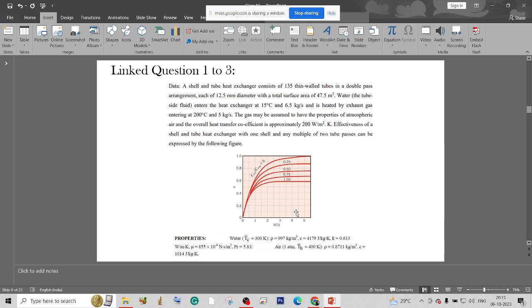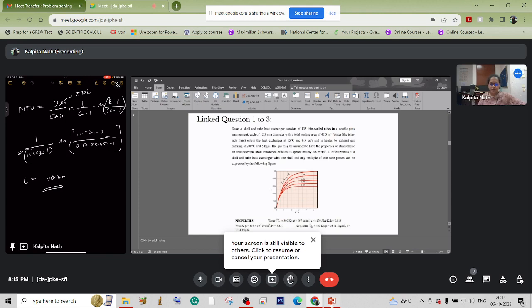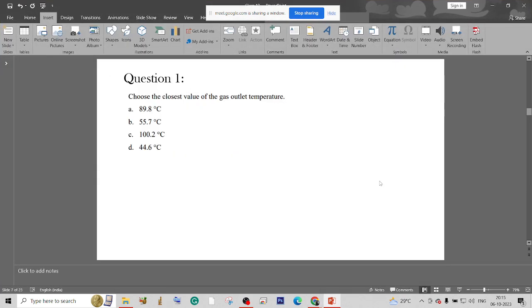And from the heat balance, now the second part of the question, the cold fluid outlet temperature, we can also calculate by the heat balance, because Q we will already be knowing by that time. And then assuming fully developed flow, choose the tube side convection heat transfer coefficient. Remember that for this, first we need to find the Reynolds number, and for the Reynolds number we have the mass flow rate.